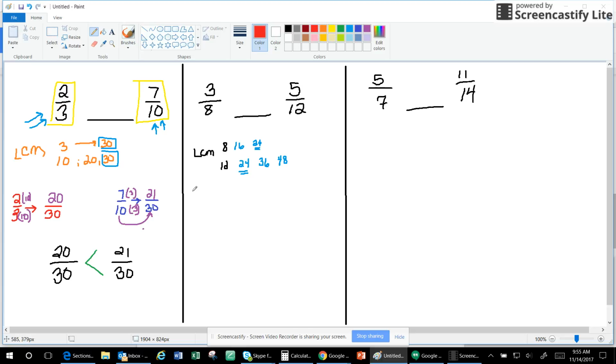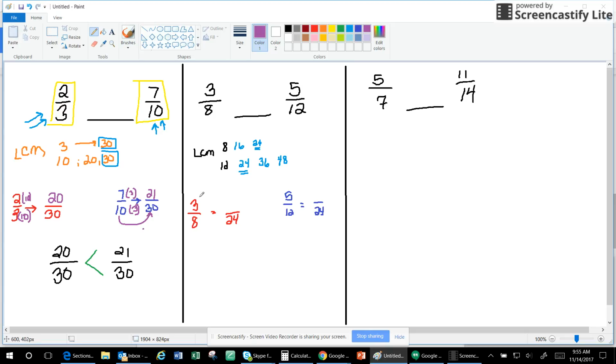So I want to get 3 over 8 to equal a fraction that has 24 on the bottom. And I want 5 over 12 to be a fraction that has 24 on the bottom.